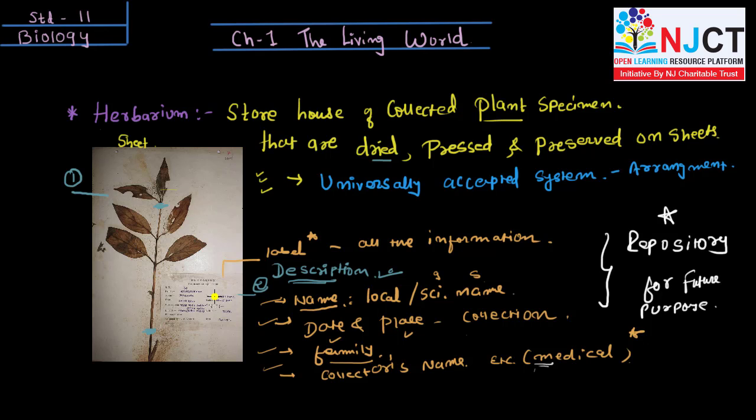For example, on which date you have taken it, the local name and scientific name, or find it on Google. The date, from which place you have taken it, their family, and your own name. So this is how you can make your own herbarium sheet, and I suggest you do that so you'll never forget herbarium sheet in your life.